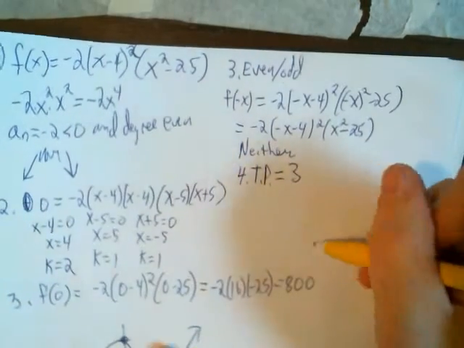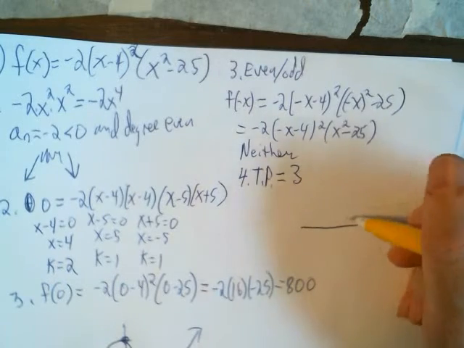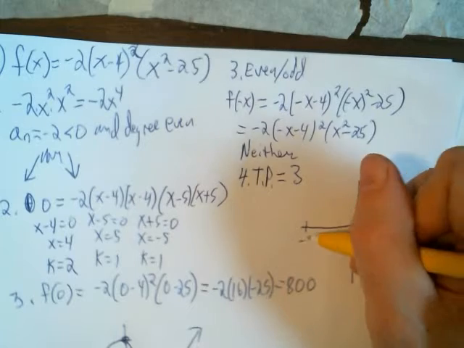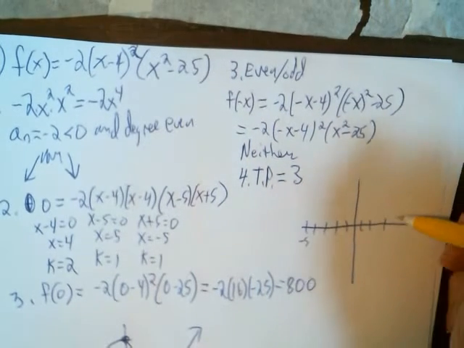Okay. So we'll try to put all this information together. We have -5 and 5, and 4, 3, 2, 1, 0, 1, 2, 3, 4, 5.